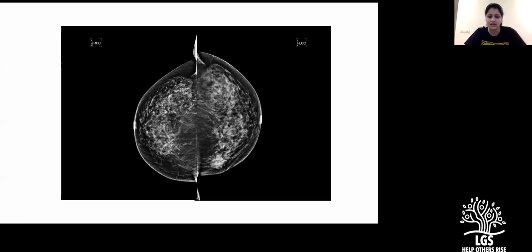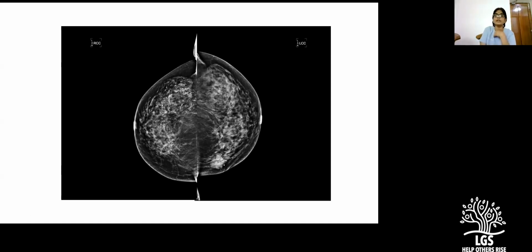This was the palpable lesion. There is a BB on it. Whenever a woman comes to us with a palpable thickening or a mass, we put a radio-opaque marker, that little BB. It's a lead ball. It's strapped to the skin with a micropore tape.